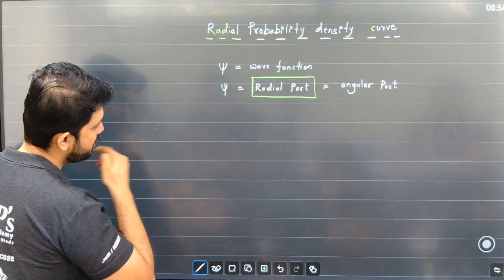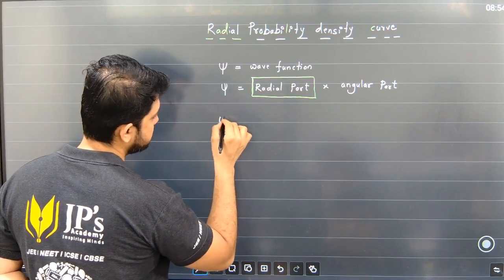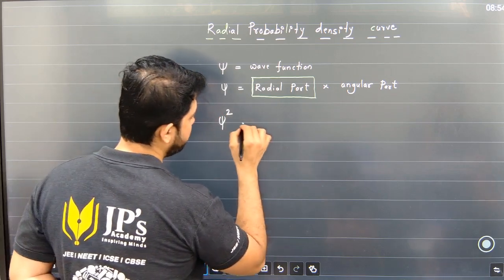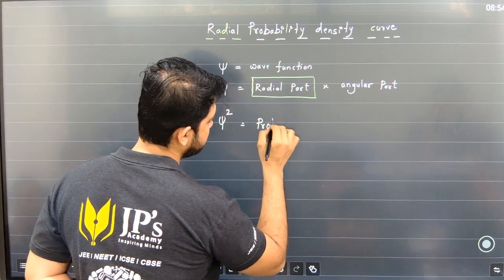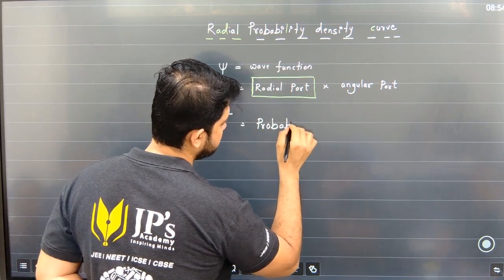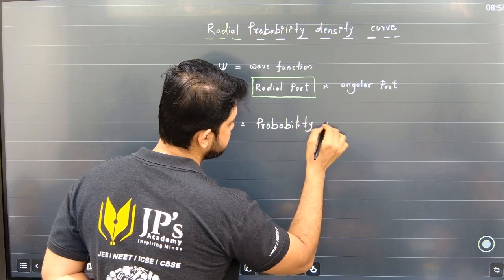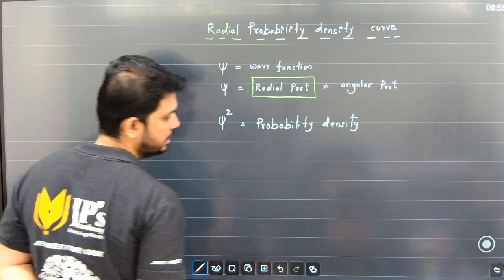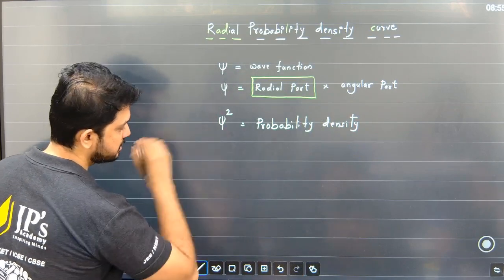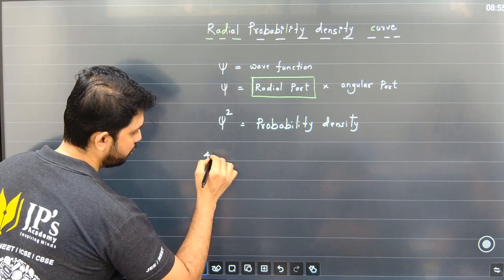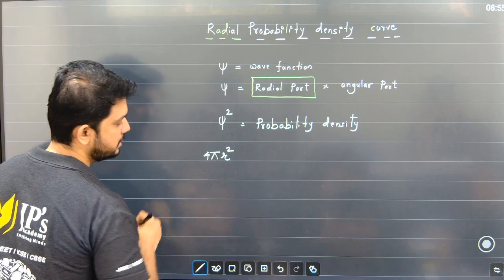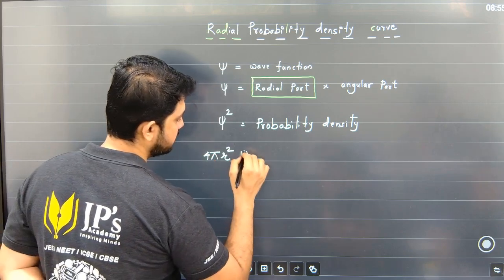Second, what was psi square? Probability density. Now we're going to add something to this: 4 pi r square psi square.